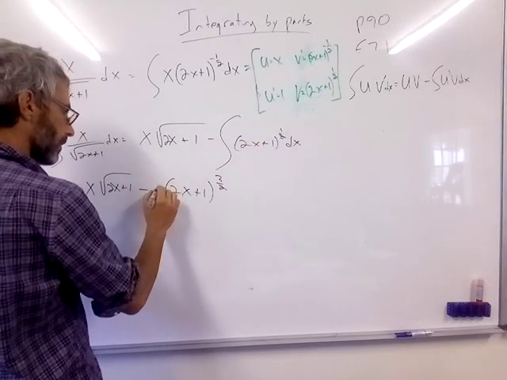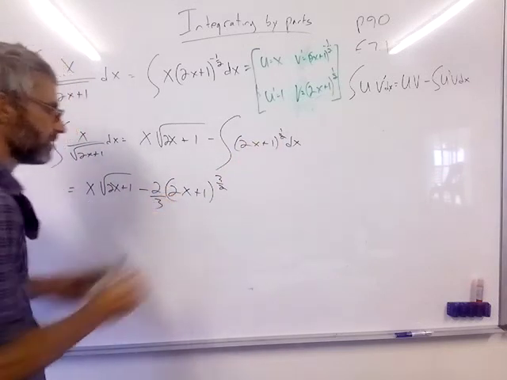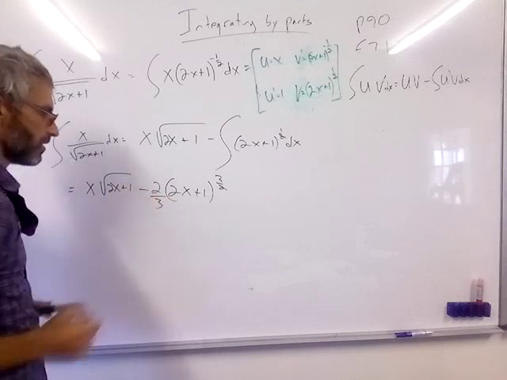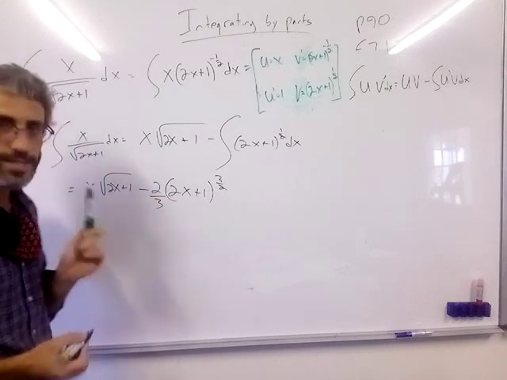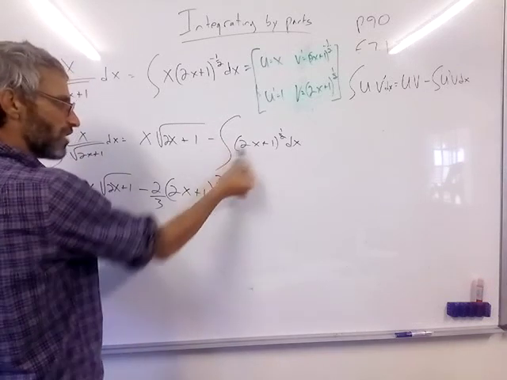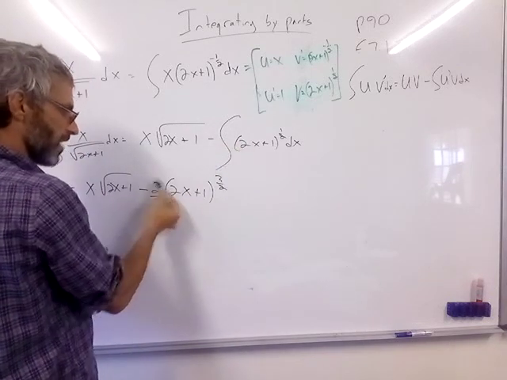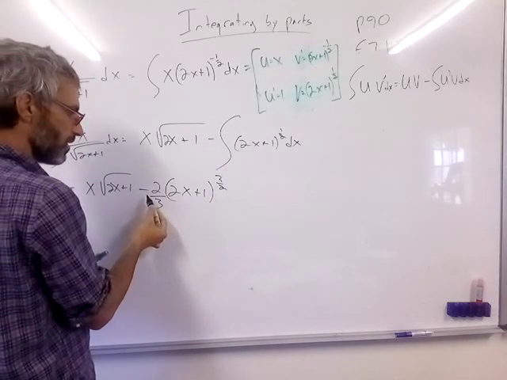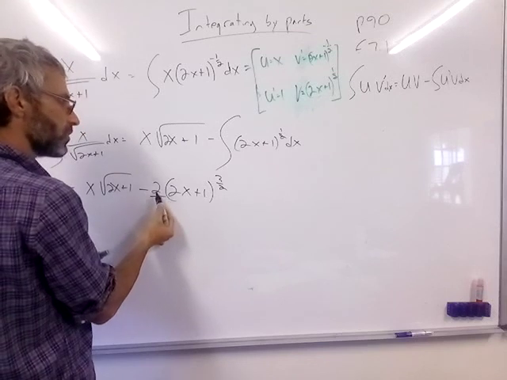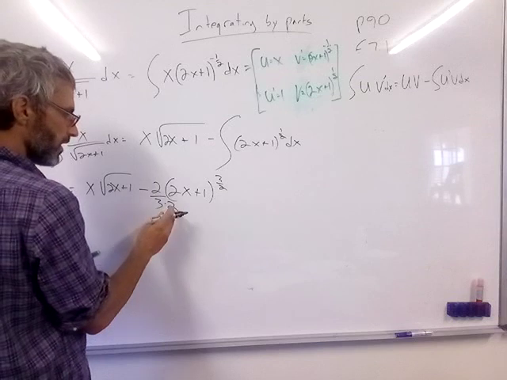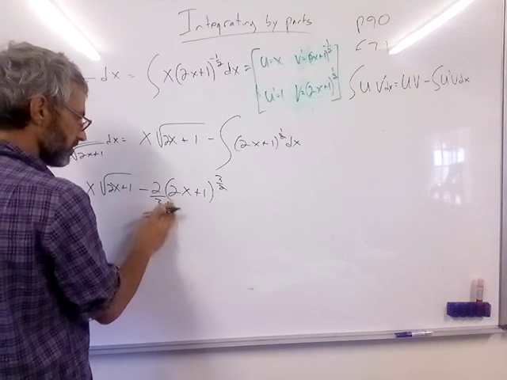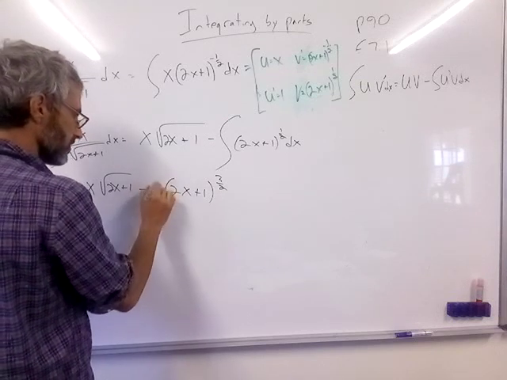Now I need to ambush it with 2 over 3, so the 3 over 2 will jump out, and they kill each other. But remember, the 2 is going to jump out as well when I do the derivative of that one. And I don't want that to jump out because I want it to be minus 1. So I need to divide it by 2, or in other words, it's just going to be minus a third, isn't it?